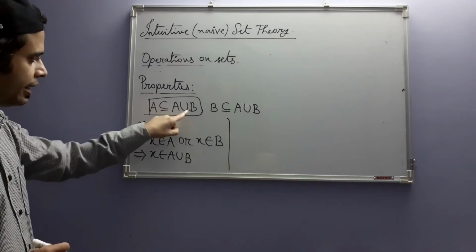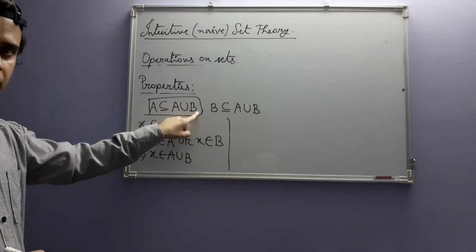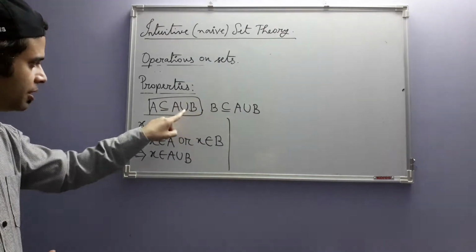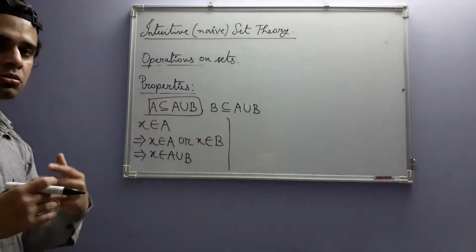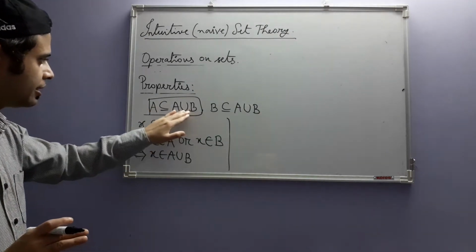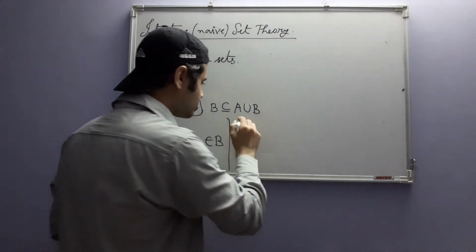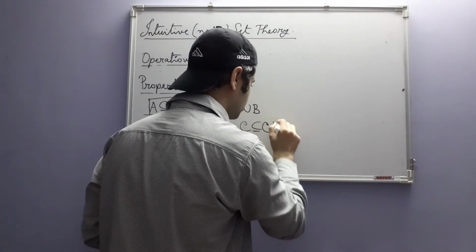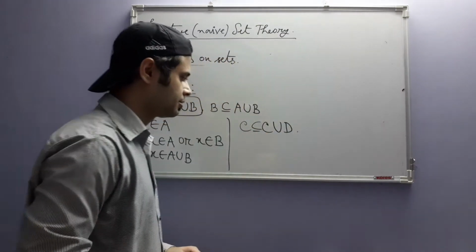You see the A and B, these names here, they are just names given to sets. Keep in mind that this property is true for all sets. So instead of writing it like this, I could also write the same thing like this, where C and D are sets.